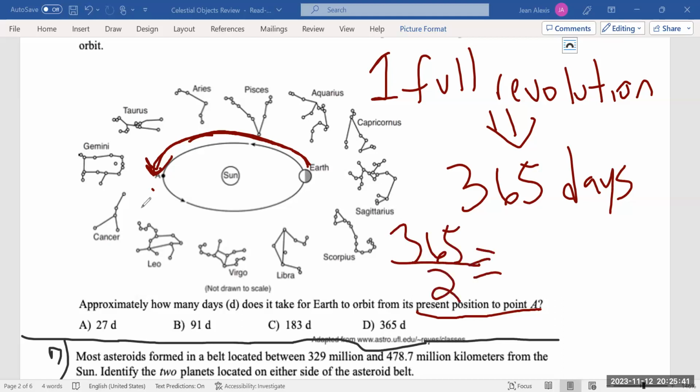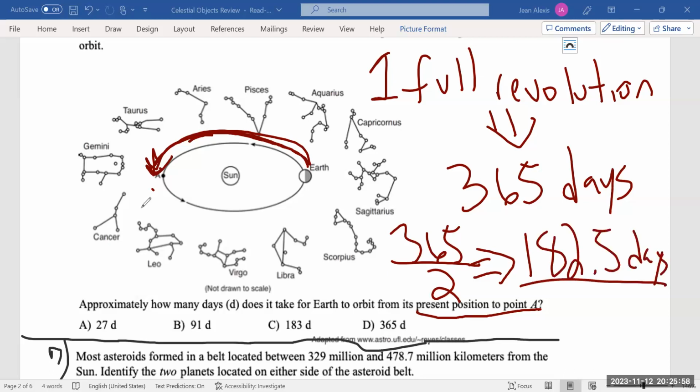Divided by 2 lets me know how long it will take to complete half of its revolution. And so 365 days divided by 2 gives you 182.5 days. Because from here to here takes 182.5 days, I'm going to choose the closest answer, which ends up being choice C.